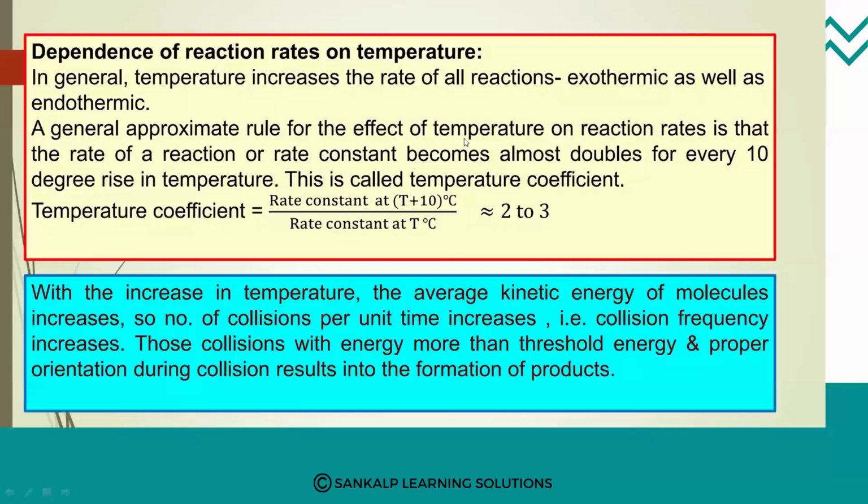Okay. So next we are going to discuss the temperature dependence of rate of reaction. Generally, the rate of the reaction or the rate constant of the reaction will double after every 10-degree rise in temperature.